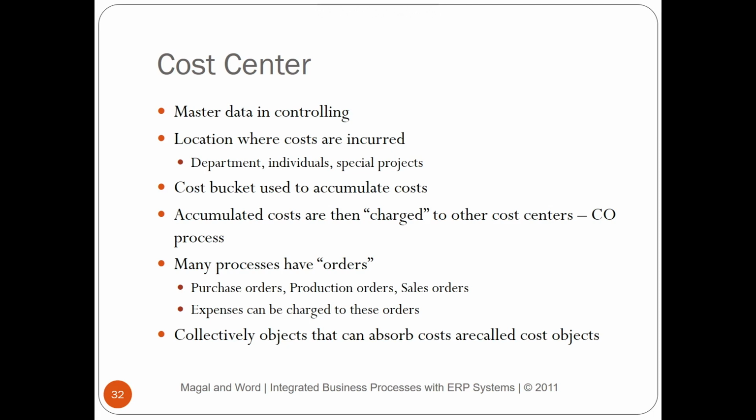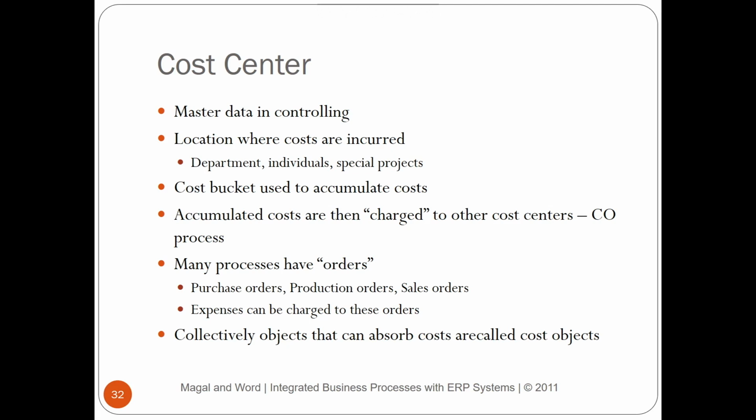If the marketing department purchases office supplies and the company assigns the cost of the supplies to the marketing cost center, the company will review and allocate these accumulated costs. Think of the cost center as a container that accumulates costs.